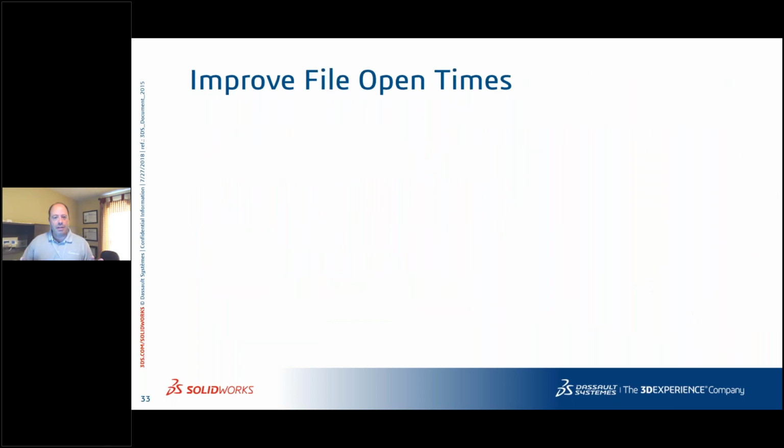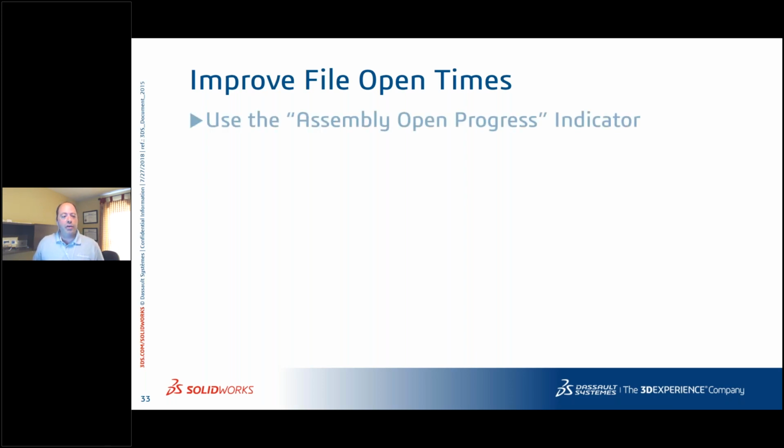So we talked about a lot of things. We're already close to that hour mark. So I told you there was a lot of content. That's why we decided to split it in half. But what did we see to improve file open time? First of all, use the assembly open progress indicator, new in 2018, to just see how the progress is going.